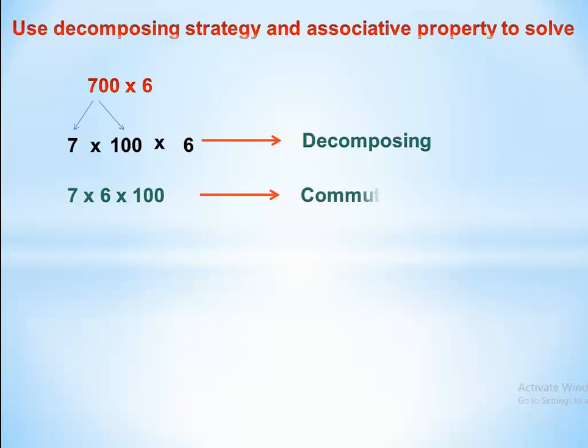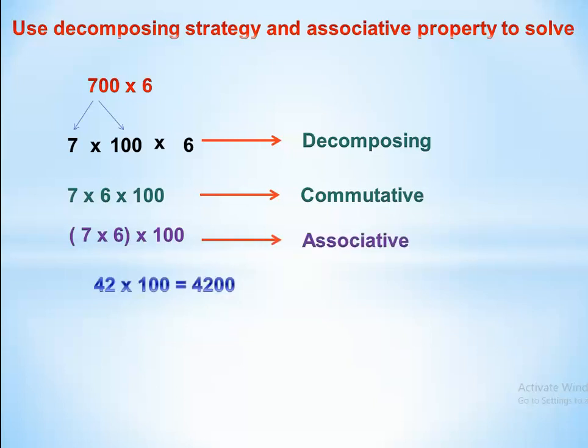This is commutative. Bravo. Okay, group 7 times 6, times 100. It will be 42 times 100 equals 4200, and this is the associative property. If we make a group, it means associative property.